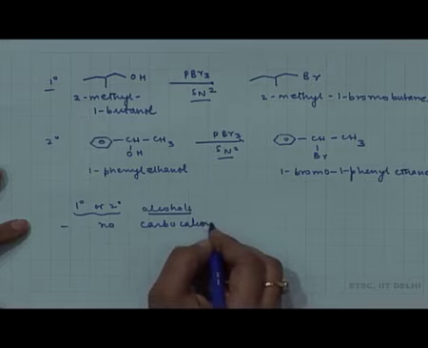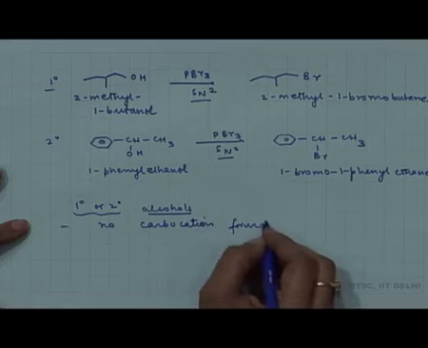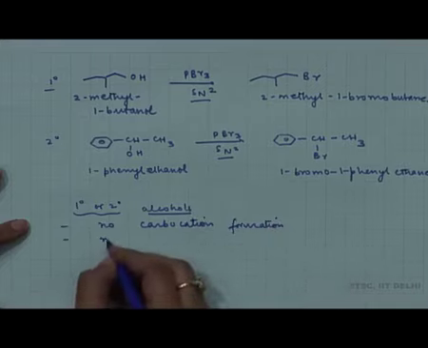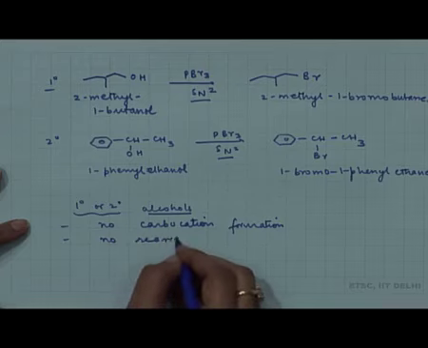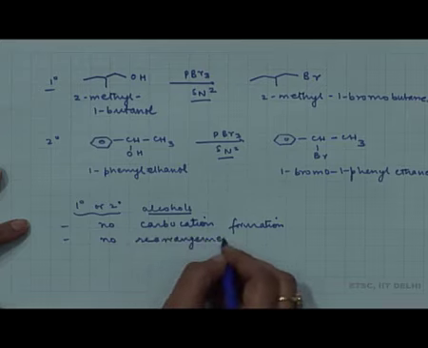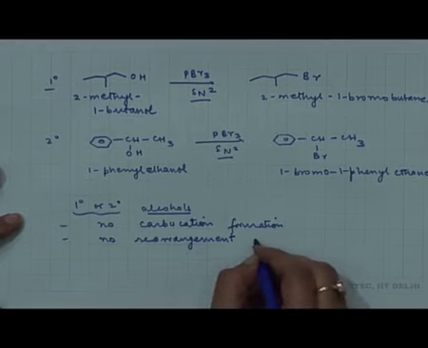Obviously, if it is going by SN2 pathway, there is no carbocation formation, there is no rearrangement, unlike as was witnessed in the case with halogen acids, where the carbocation forming was undergoing a rearrangement.